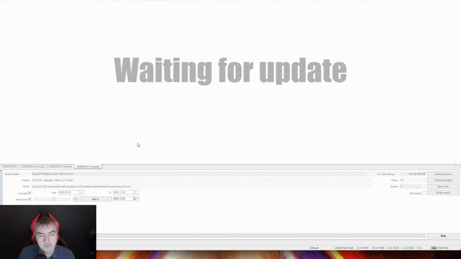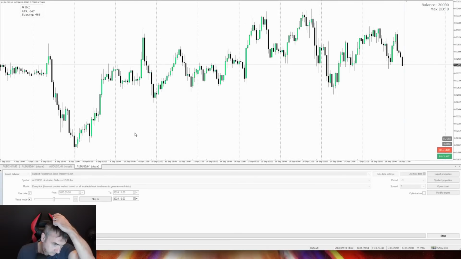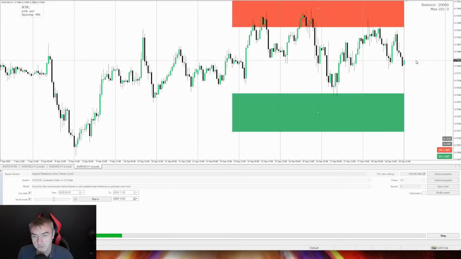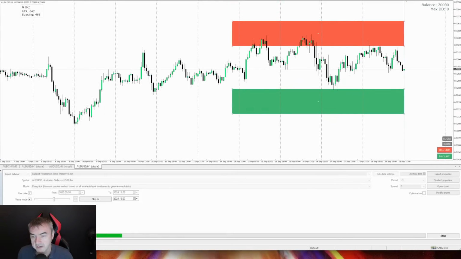This is version 2. So what's the difference between this version and the other version that I put out there is mainly price action. So there's 3 different variations of price action now that I've built into the EA. So the first version, basically, what it did was it required price to push into that zone and then close below that zone.